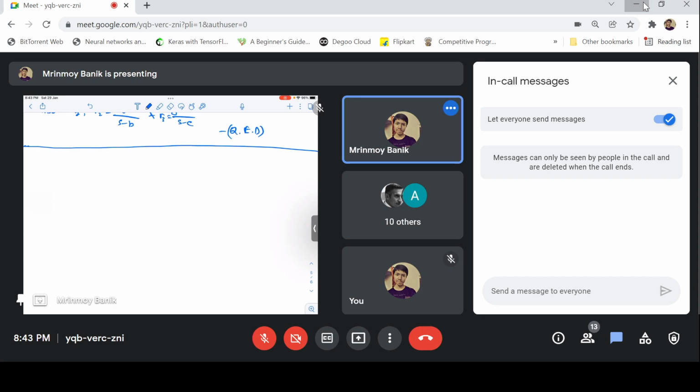The other line is defined by I and B. This perpendicular is the same one, and that perpendicular is also the same one. This is D. This is E.